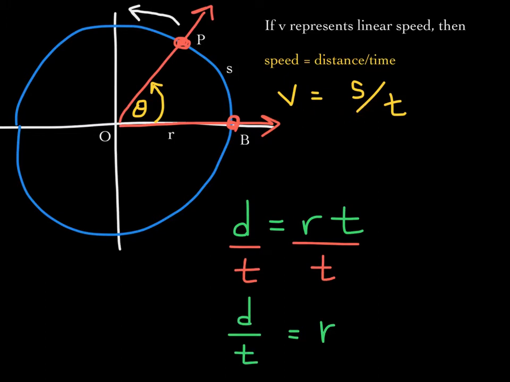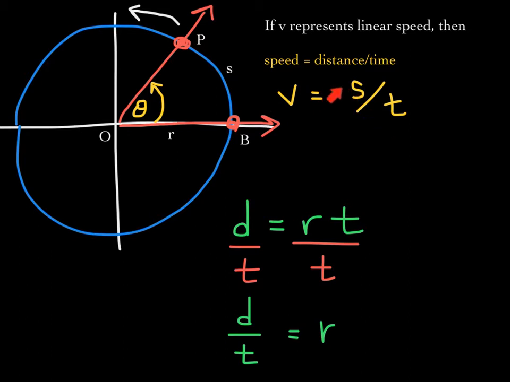But in this context, we use the letter V to represent the linear speed at which point P is changing. So it's similar. See, the rate or the speed is equal to distance over time. The linear speed is equal to distance over time.